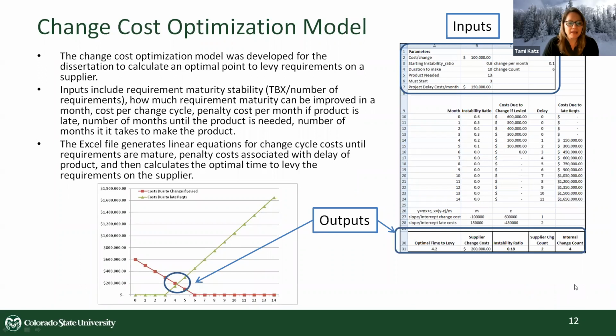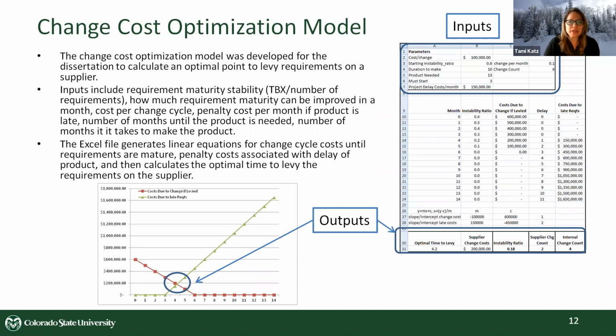So I came up and I did this first order optimization model, and I did this in Excel. I was originally planning on using an optimization program in MATLAB to calculate this, but it turns out I didn't need anything that elaborate. Excel did the job. So I took a linear line of, if I knew I had a very immature set of requirements, it would probably take some level of months to mature them to a much more stable state.